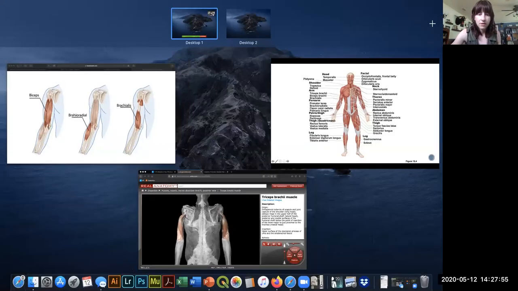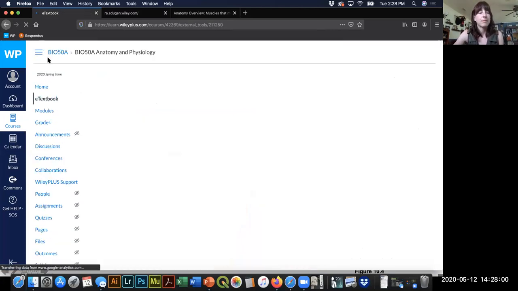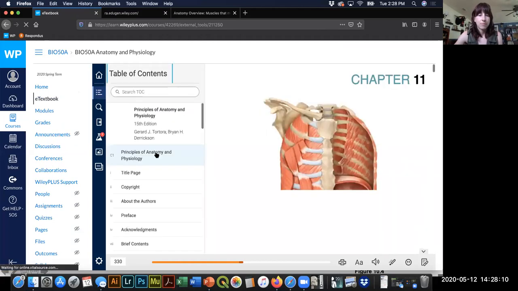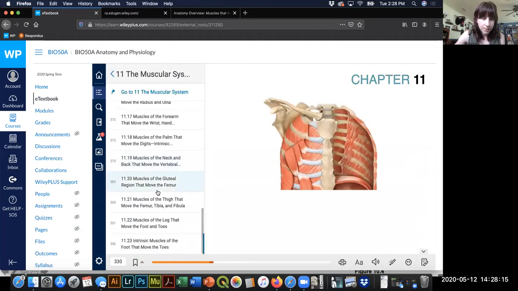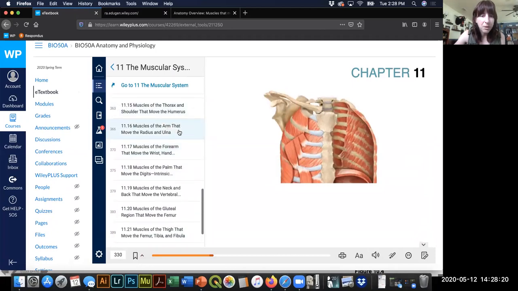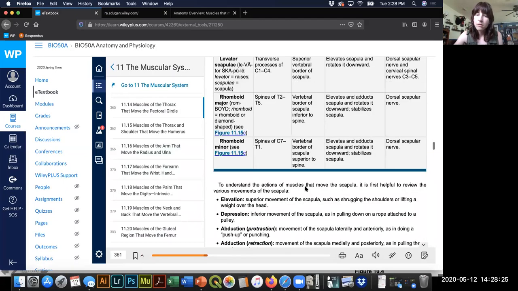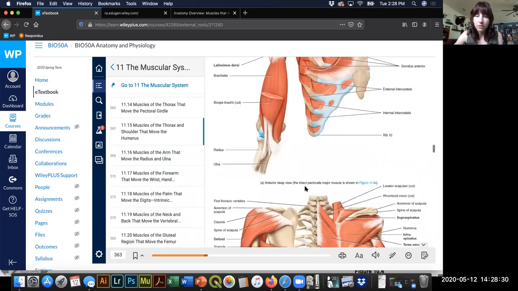And if I take us back to our textbook, I'll probably be able to show you here as well. All right. The muscular system. Muscles of the forearm, muscles of the arm that move the radius and ulna. Might start there. Muscles of the shoulder that move the humerus, right? We just talked about.